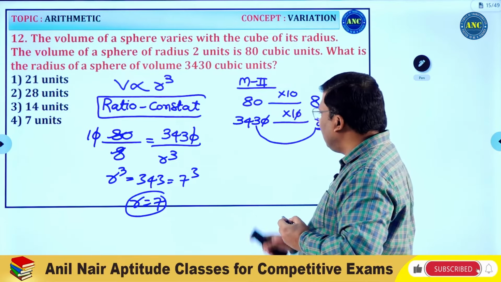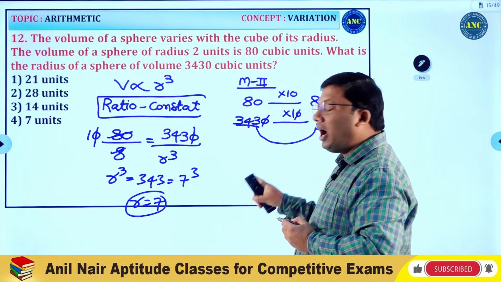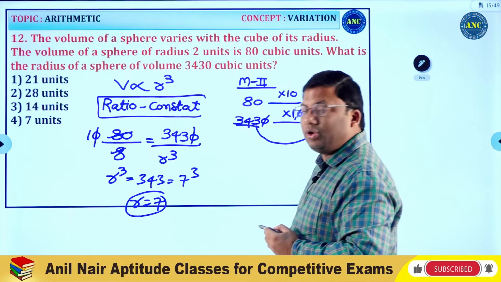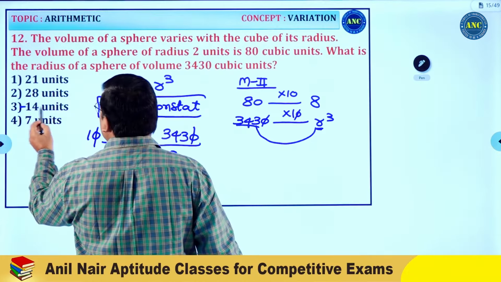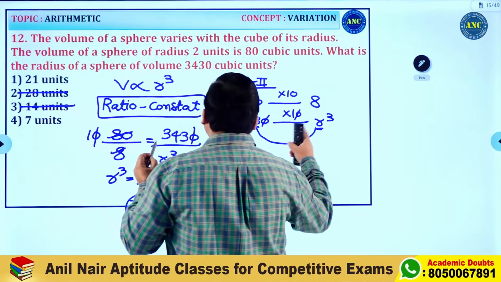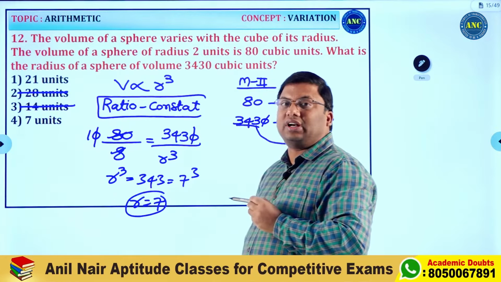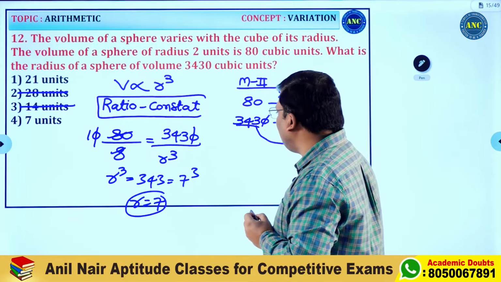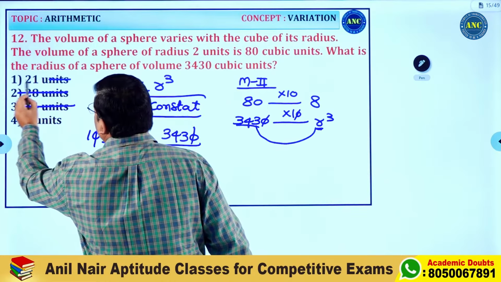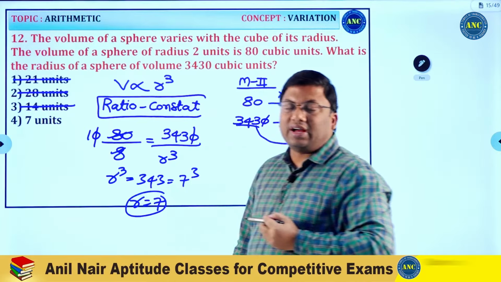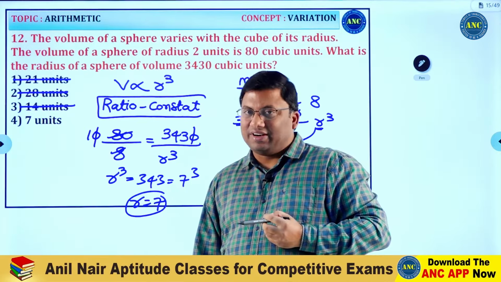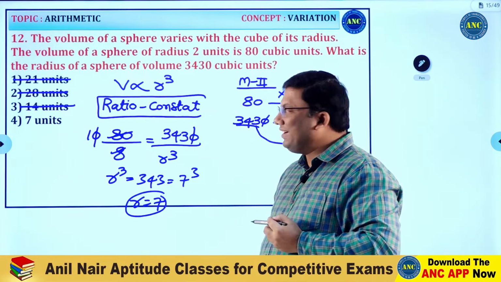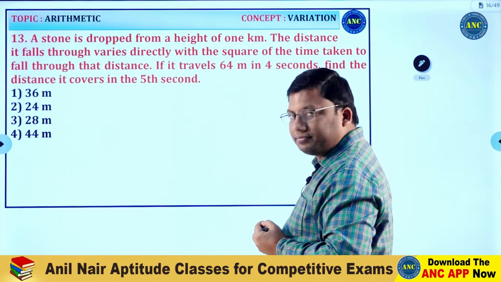Now see here, it is 343, an odd number. An even number on cube can never give an odd number. This is out, this is out. If I keep R as 21, 1 cube is 1, but it is 3. So the answer for this question is 7 units. I hope the idea is very much clear.